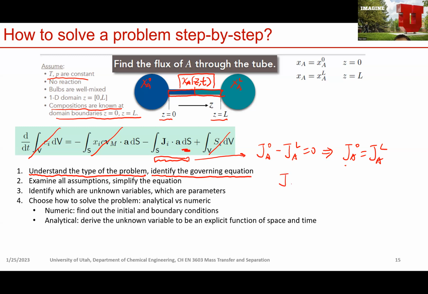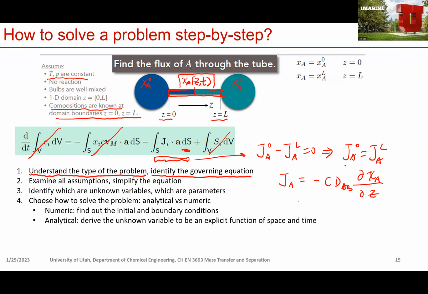That's when we can apply J_A equals minus C D_AB, and because it's a 1D problem, we can just apply the derivative, dx_A/dz. Now this becomes our governing equation after all this simplification.